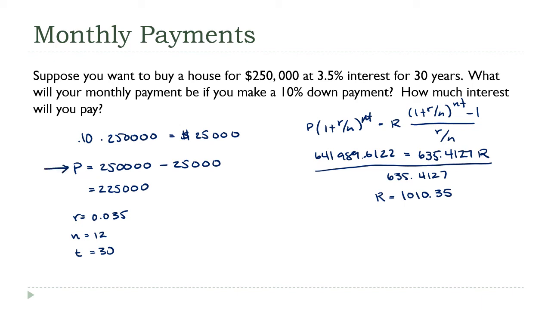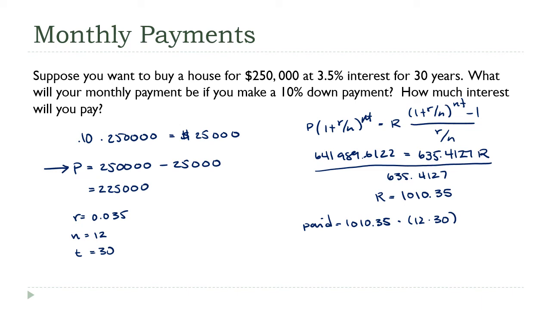And you know how much you paid. You paid this monthly payment, $1,010.35, times how many payments did you make? Well, there's 12 payments per year times 30 years. That's how much you paid to the bank over the course of this loan.